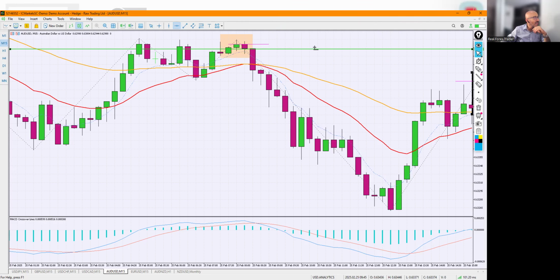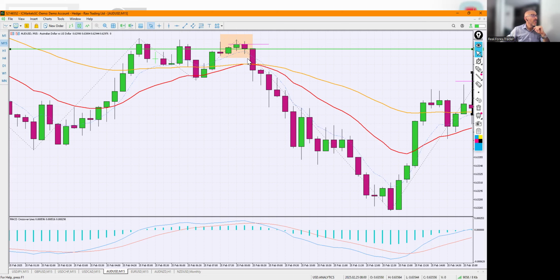As you can see, this candle, the bear candle, closed a little bit below the bull candle. It means that there is confidence in the bear move, right? So that is a good signal.